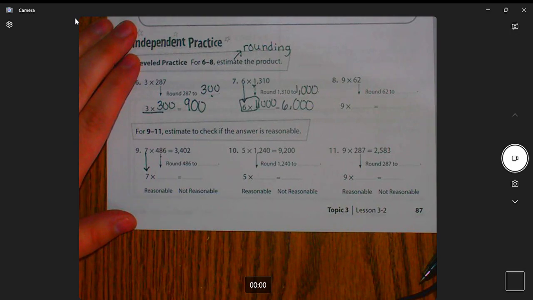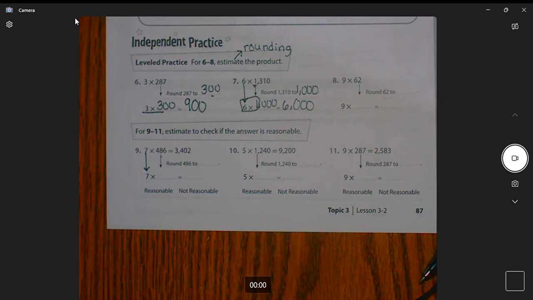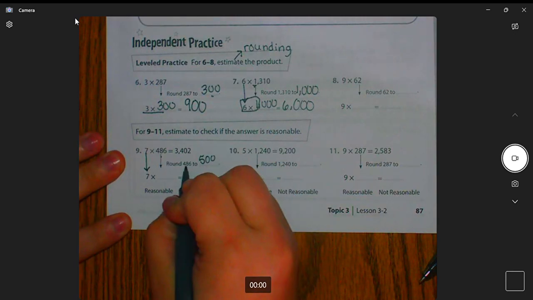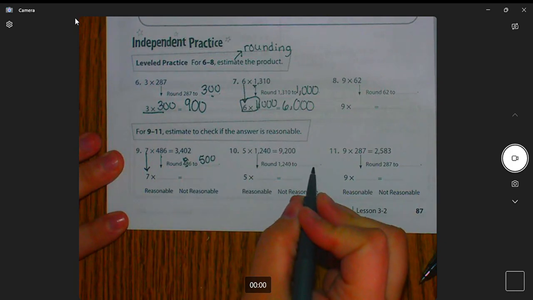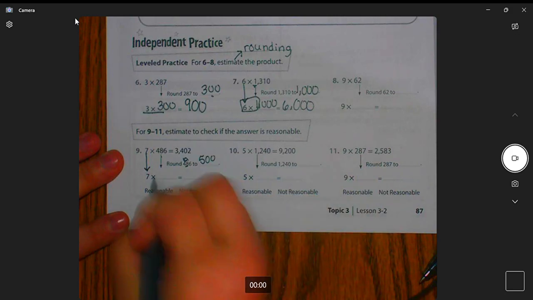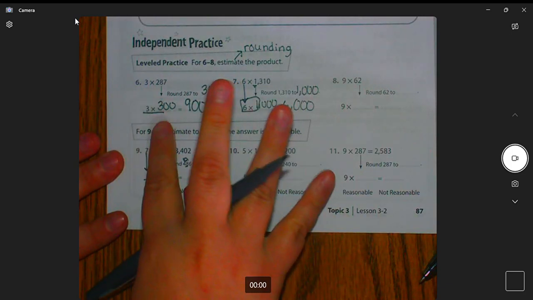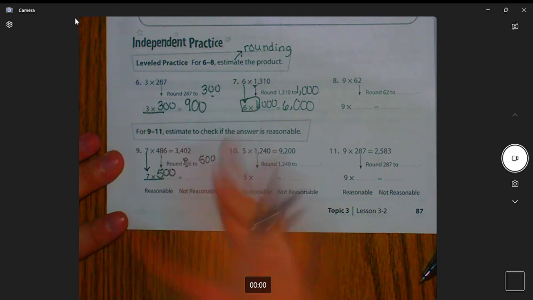Now, 486. Would that be closest to 400 or 500? You're right, it's 500. Because the 8 tells the 4 to move, add 1 more. So I'm going to bring my 500 down. My basic fact is 7 times 5. 5, 10, 15, 20, 25, 30, right, 35.